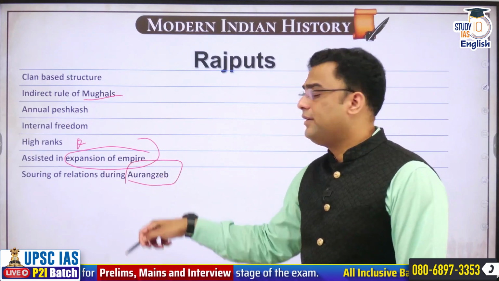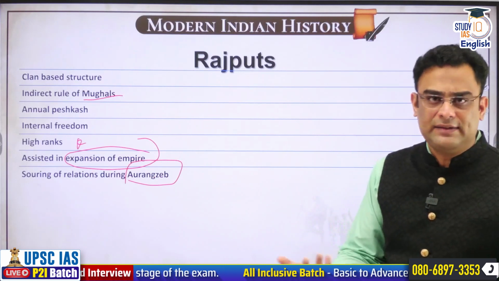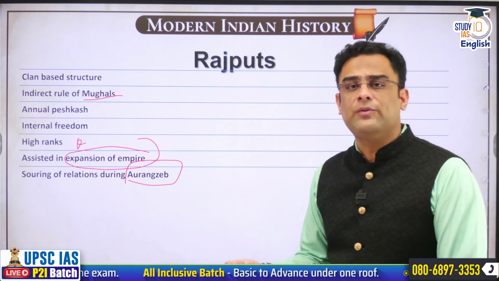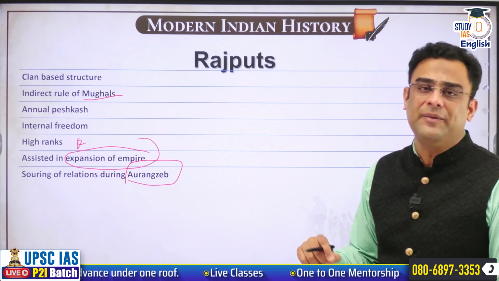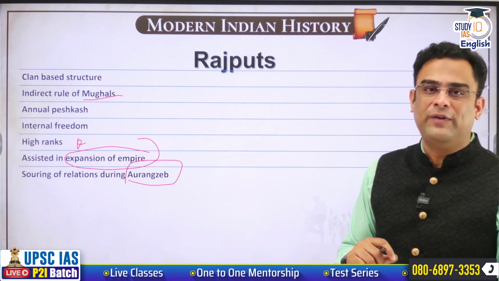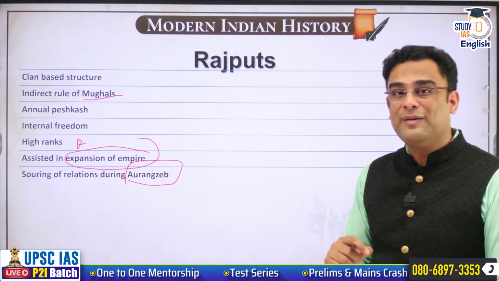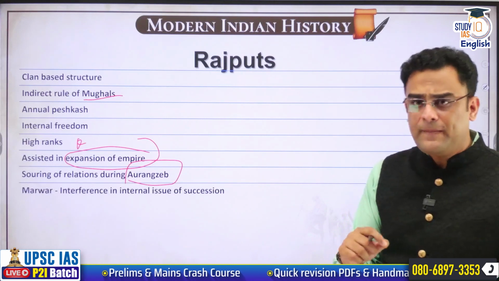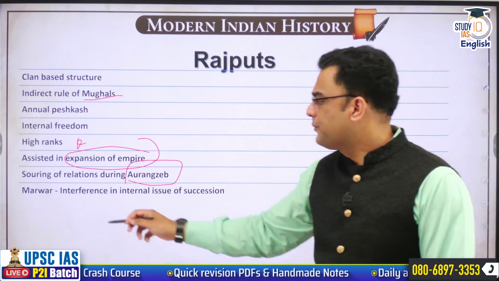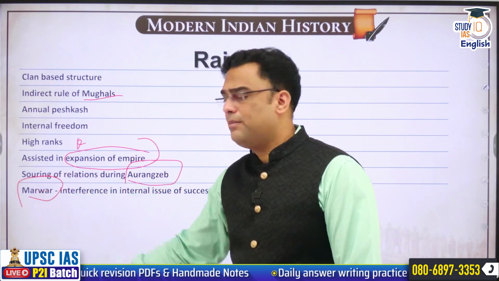Somehow, Aurangzeb did not understand this relationship with the Rajputs. Of course, there were many circumstances, but then he made the mistake of alienating the major ruling families amongst the Rajputs. Not all, but the major ones, their relations got soured. The instigating factor was the issue of succession in Marwar.